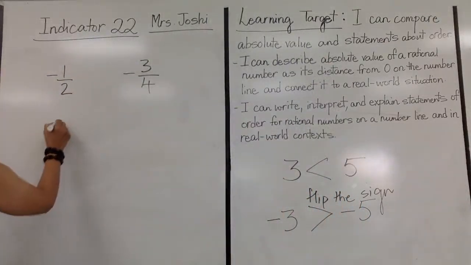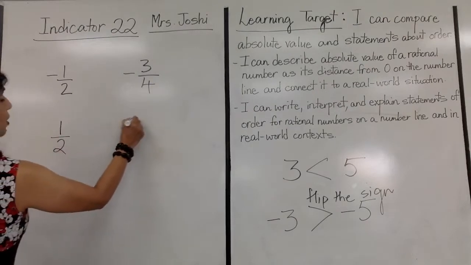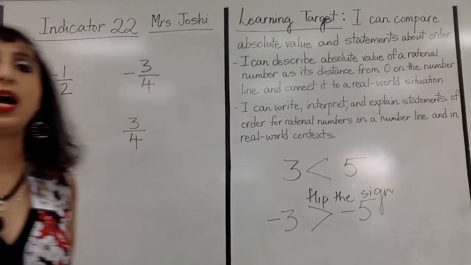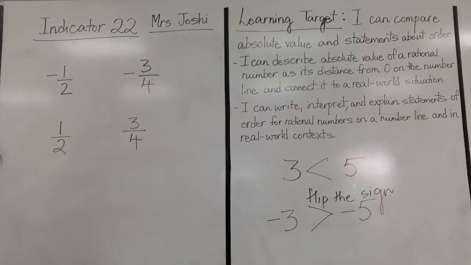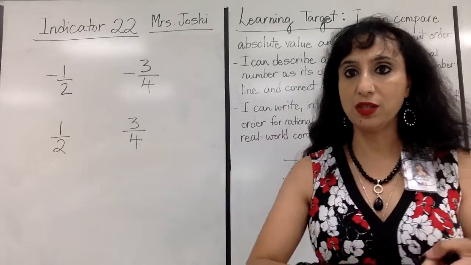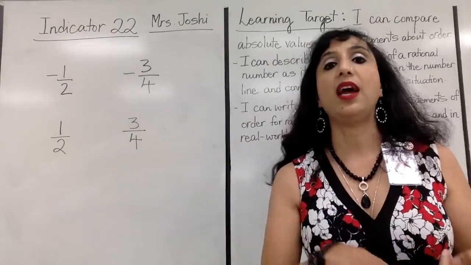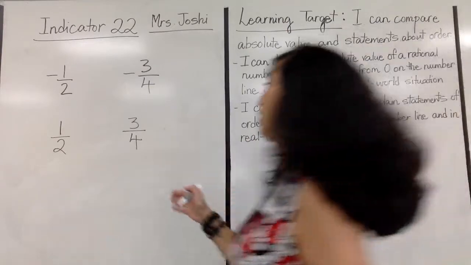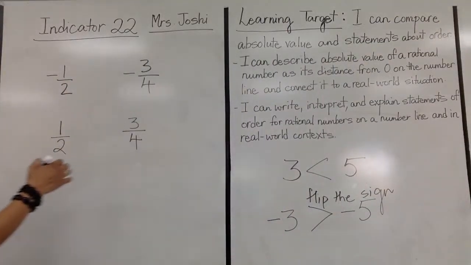If they were both positive, I would have 1/2 and 3/4, and just looking at the fractional part, I know that 3/4 is greater than 1/2. If you think about quarters, 2 quarters is a half, and then I have 3 quarters, which is 3/4.